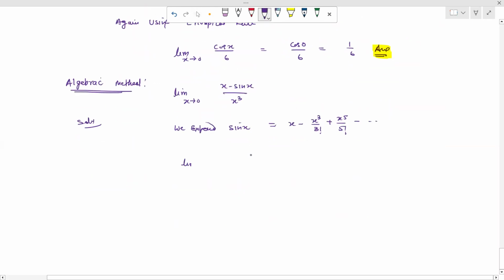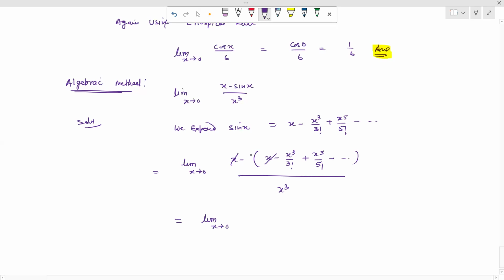So we write the limit x tends to 0, x minus (x cube upon factorial 3 plus x5 upon factorial 5 minus and so on) upon x cube. Here we can cancel x with x. So this we can write as the limit x tends to 0: the first term will be x cube upon factorial 3, the second term minus x5 upon factorial 5 plus and so on, upon x cube.